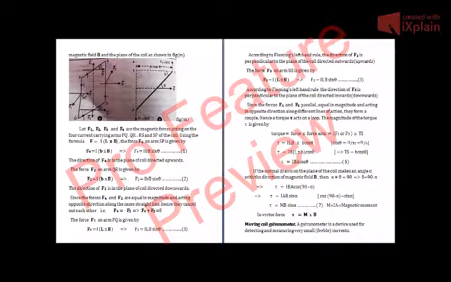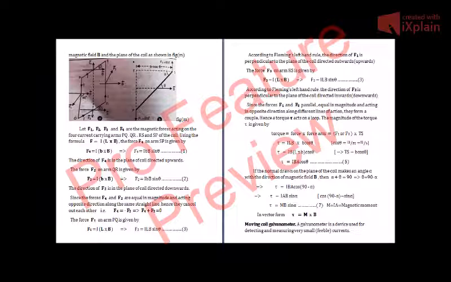Since the forces F1 and F3 are parallel, they are equal in magnitude, and they are acting in opposite direction along different lines of action. Remember that you cannot draw a single dotted line along which they will be acting; they act along two different lines.